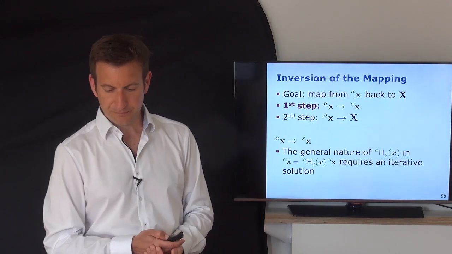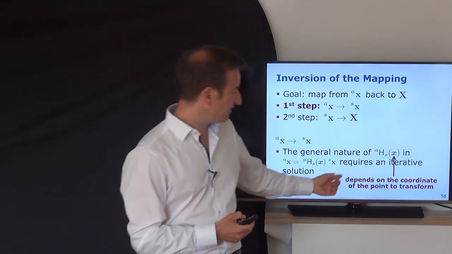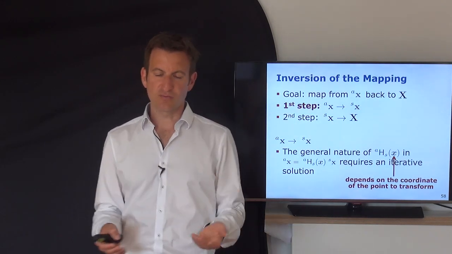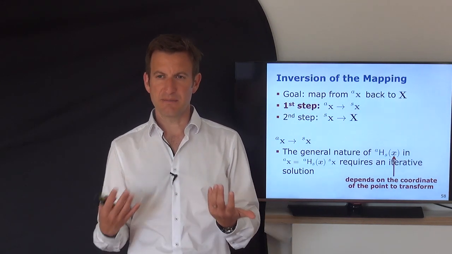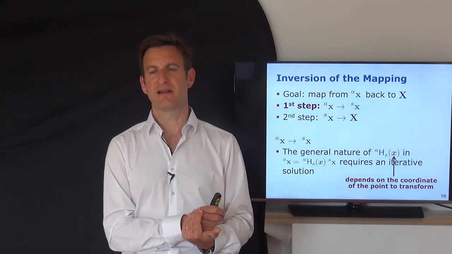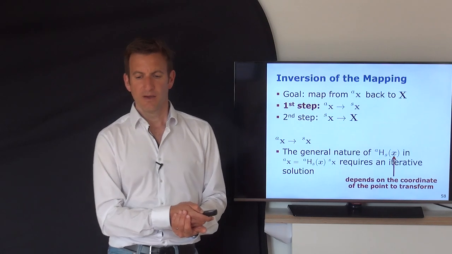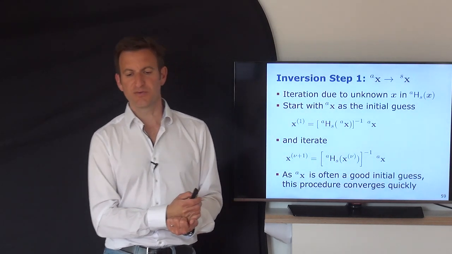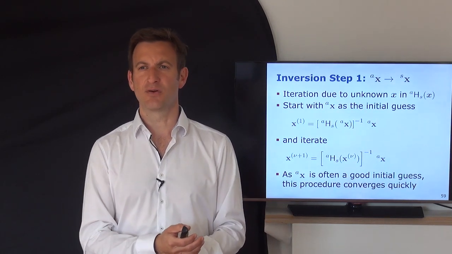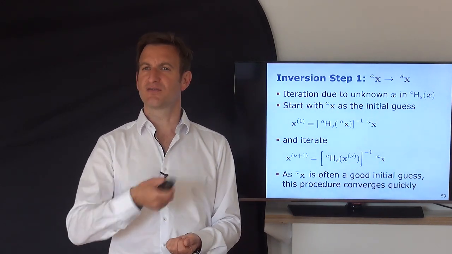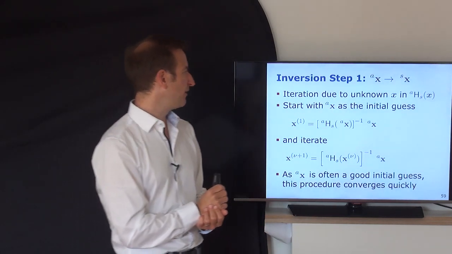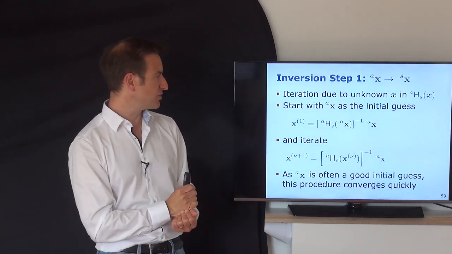So the problem again is this point depends on the coordinate of the point to transform in the image plane, but this is information I don't have if I have my final pixel location. So what I do is start an iterative procedure where I start with an initial guess for my X and invert this transformation and then iteratively invert it so that my location then hopefully converges.